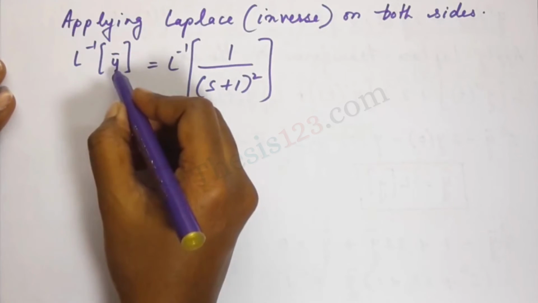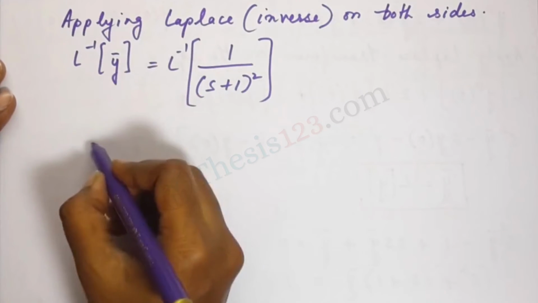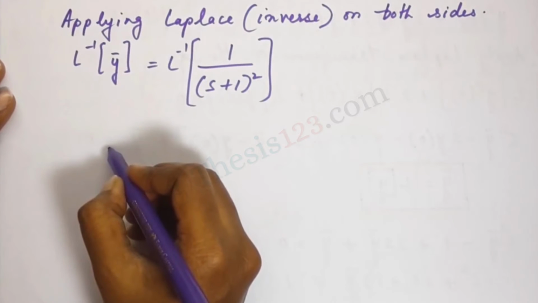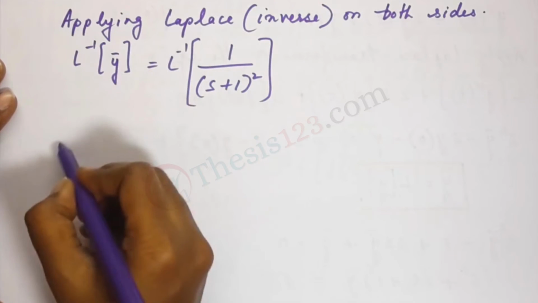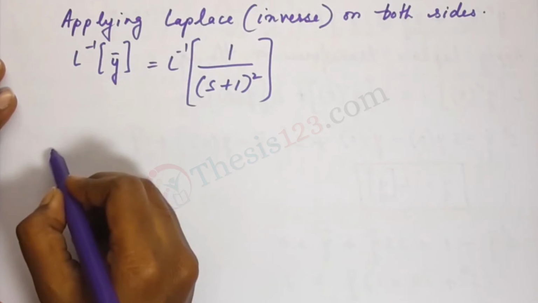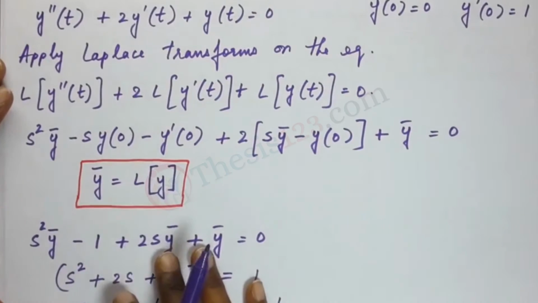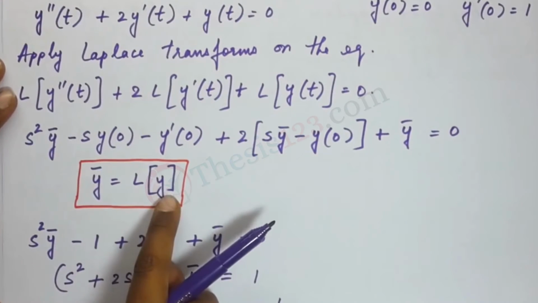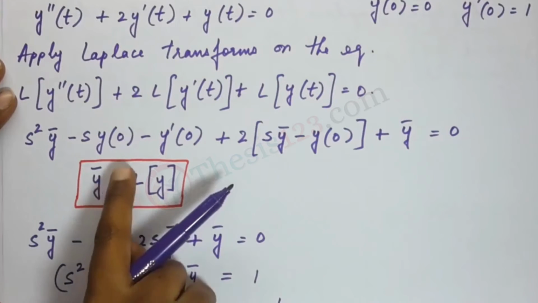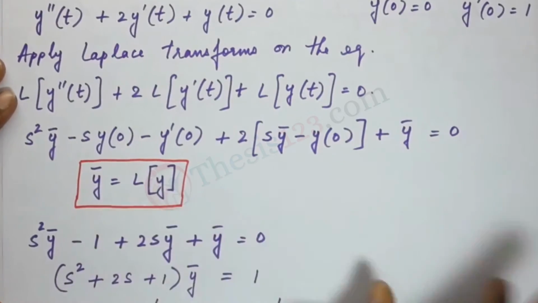Laplace inverse of y bar is y of t. That's because, as I showed you, y bar is Laplace of y, so L inverse of L of y is y.